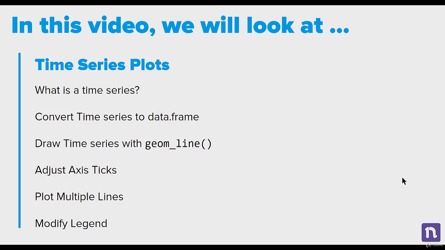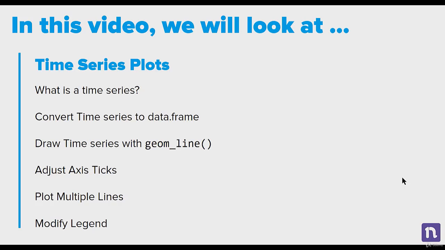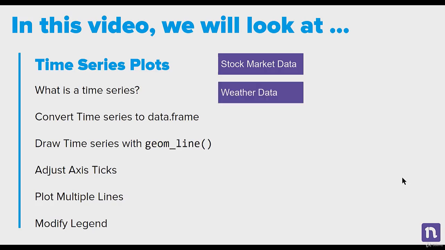A time series is data that is measured in regular intervals of time. Some very common examples of time series are stock market data, where the price of the stock is being monitored on a daily basis, weather data, where you capture the temperature, humidity, rainfall, or whatever information on a daily or a monthly basis, and sales data of a retail store that is captured on a daily, weekly, monthly, or even yearly basis.